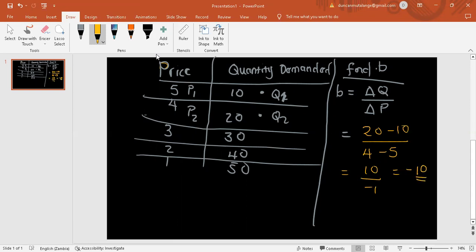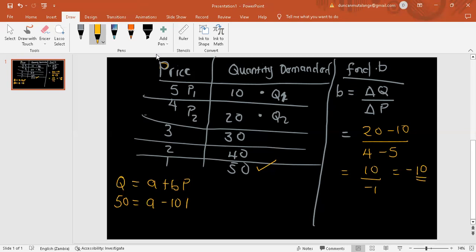Then after finding my B, now I can go back to my general form. I know that Q is equal to A plus BP, isn't it? So I can pick any point now. I can decide even to pick this one right here. I can say when my Q is 50, this will be equal to, I'm finding my A, this is -10 right here. And what is the price?